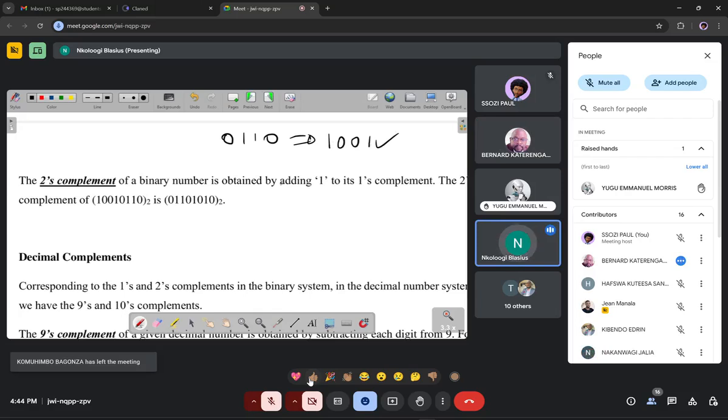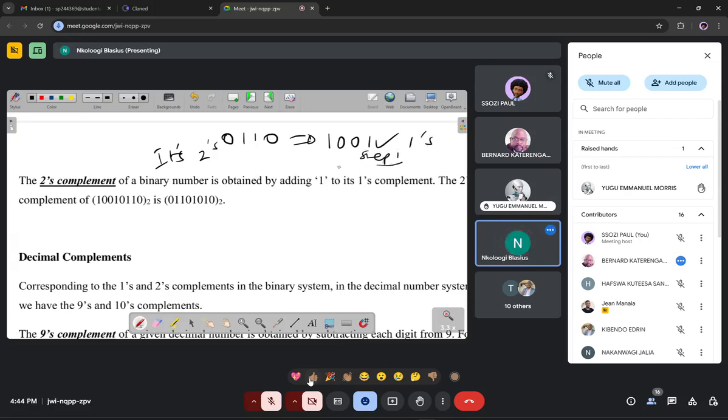Nice. Now, if I say I want not just its one's complement, but its two's complement, then after getting the one's complement, that would be only step one.